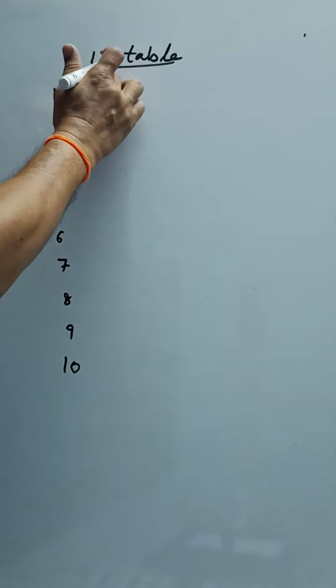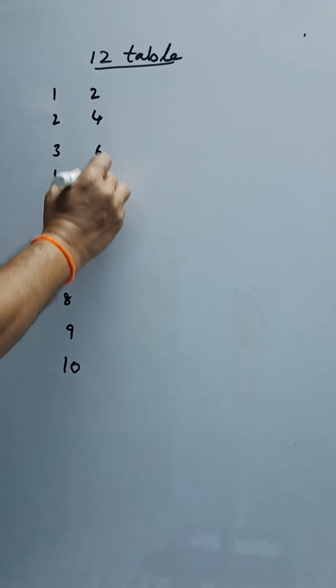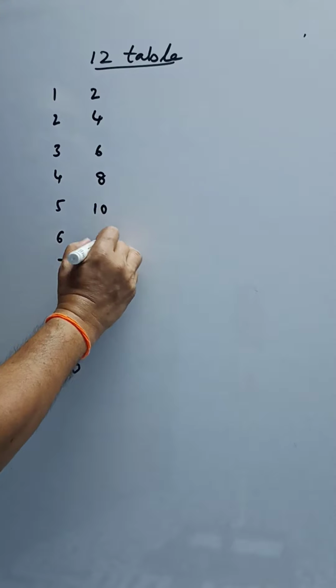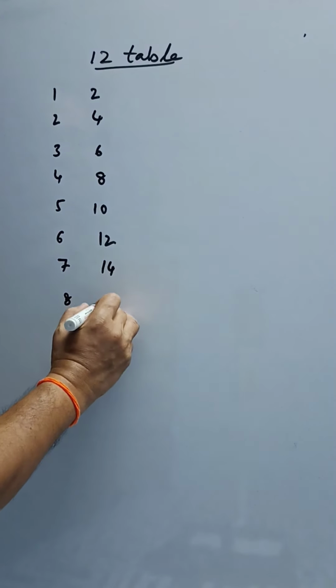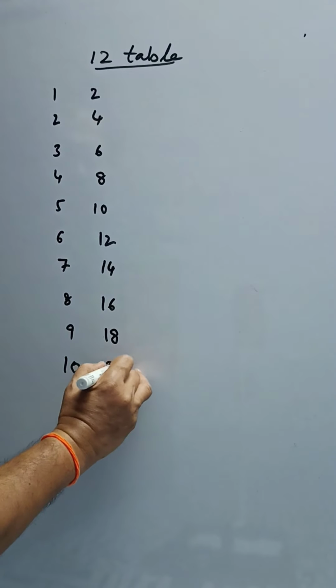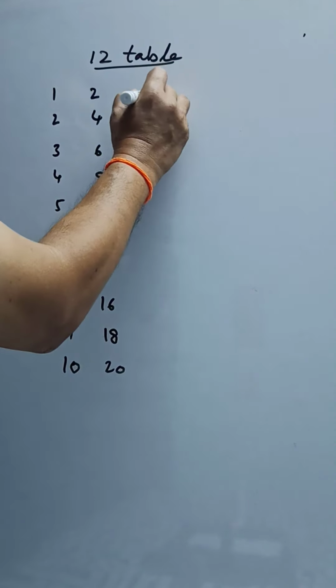Followed by second table. 2 ones are 2, 2 twos are 4, 2 threes are 6, 2 fours are 8, 2 fives are 10, 2 sixes are 12, 2 sevens are 14, 2 eights are 16, 2 nines are 18, 2 tens are 20.